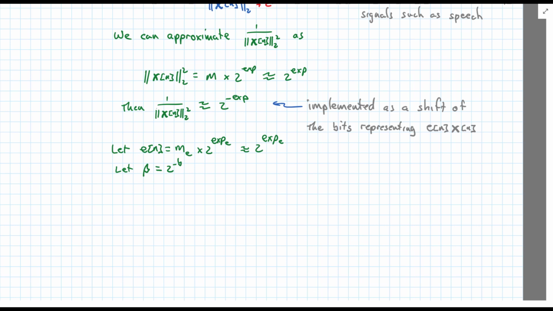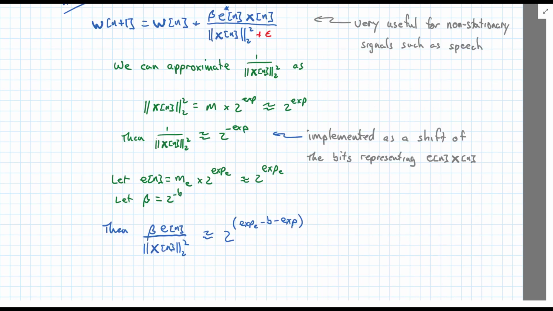Then we can approximate this entire update expression as 2 to the power of some value here, the exponent of e minus b minus the exponent of the norm squared. So then when we multiply that by x, now we truly just have a single shift.